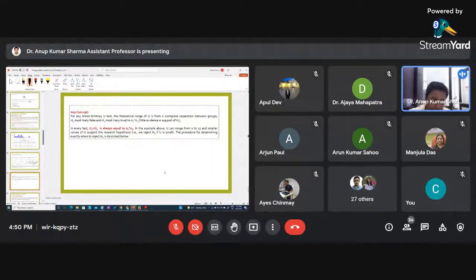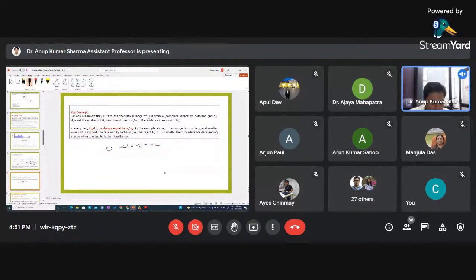The Mann-Whitney U test has some properties or key concepts. The range of U is a maximum of N1 times N2.